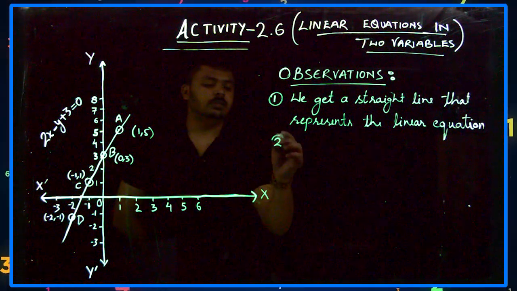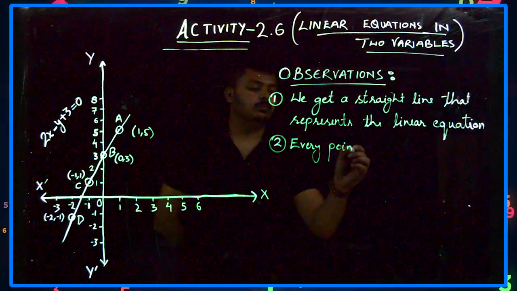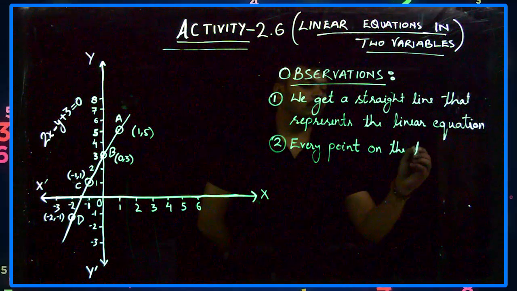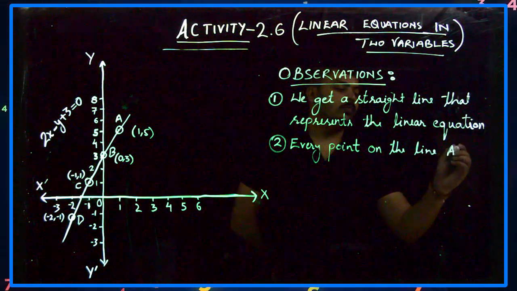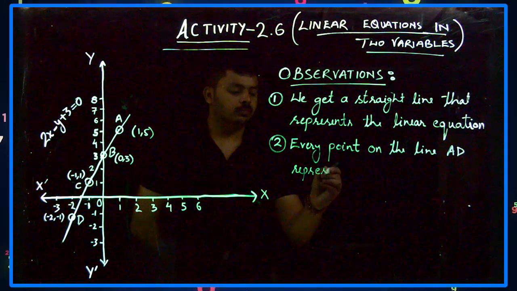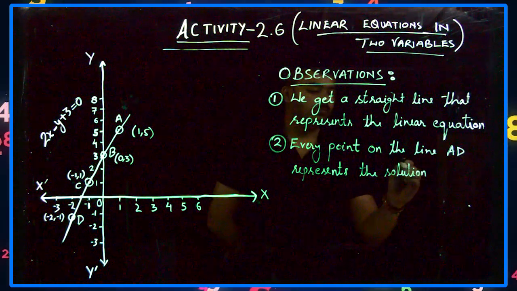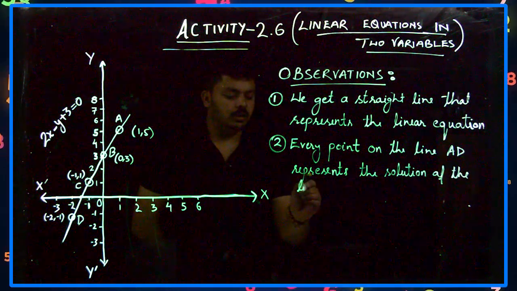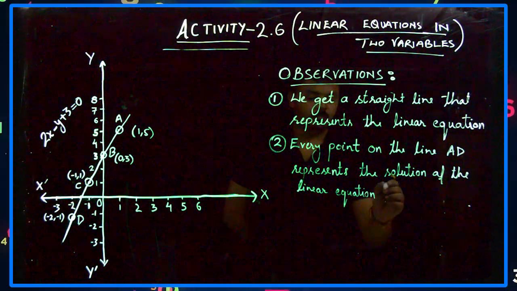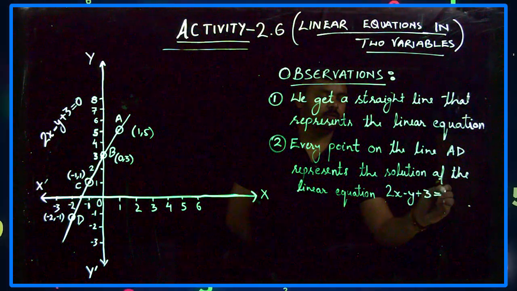So our second observation is every point on the line AD represents the solution of the linear equation 2x minus y plus 3 equals to 0.